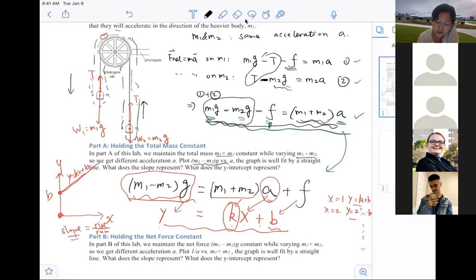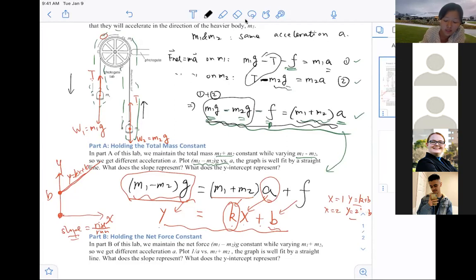Yeah, perfect question. This is a great question. So which way I decide which one is positive, which one is negative is basically what you're asking. It doesn't matter which way is positive or negative. You pick one direction and you stick with it. Since I'm looking at these two different masses, I don't need to have one fixed direction as my positive.